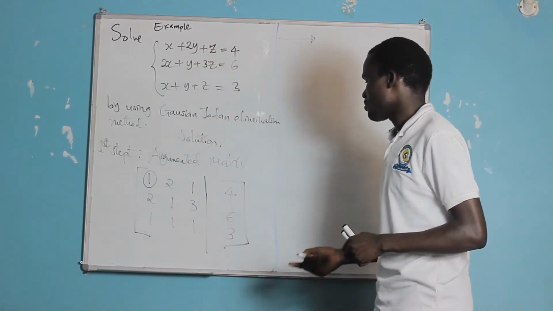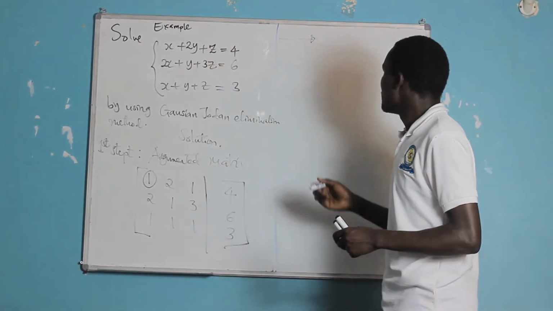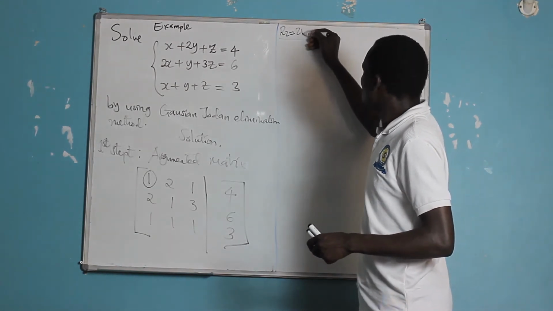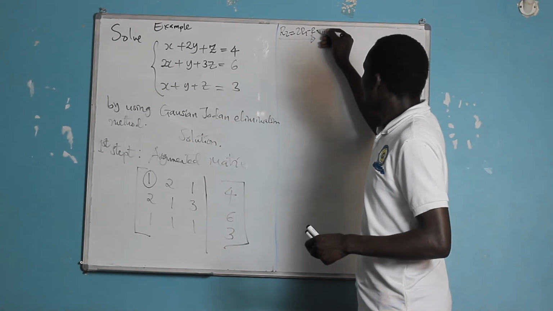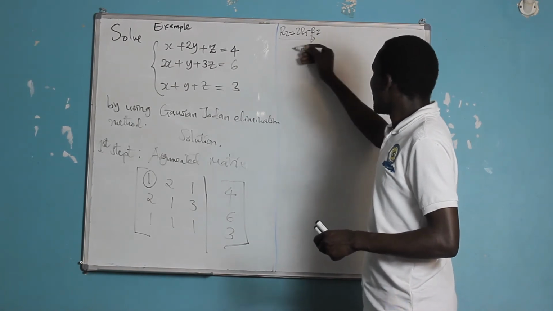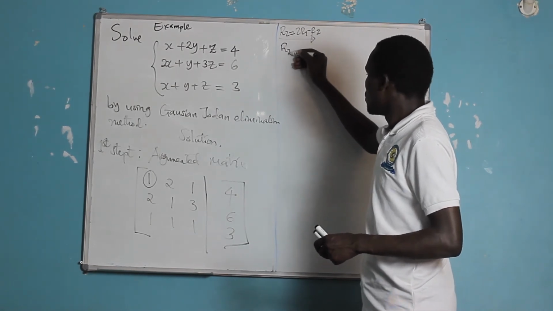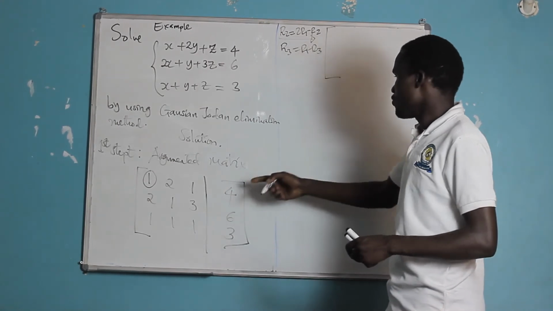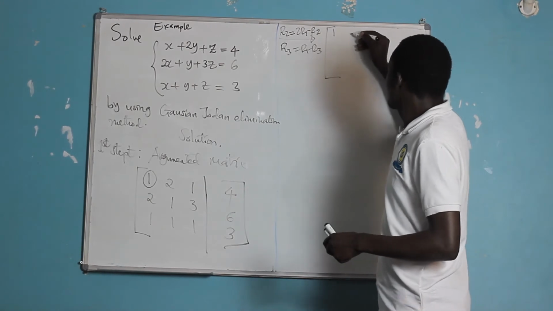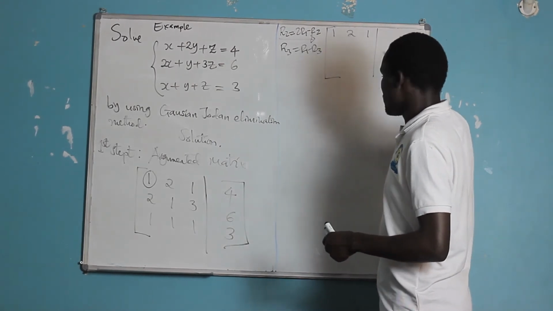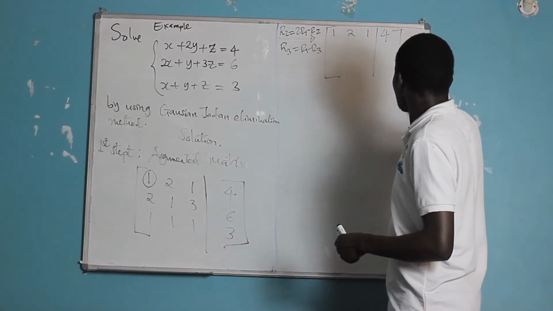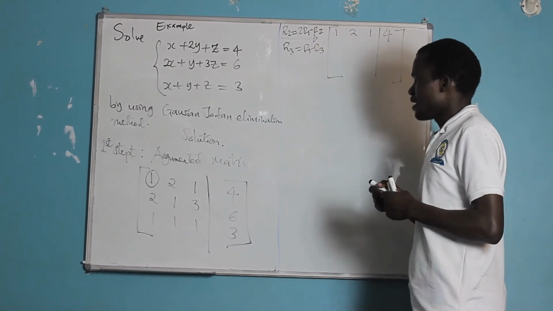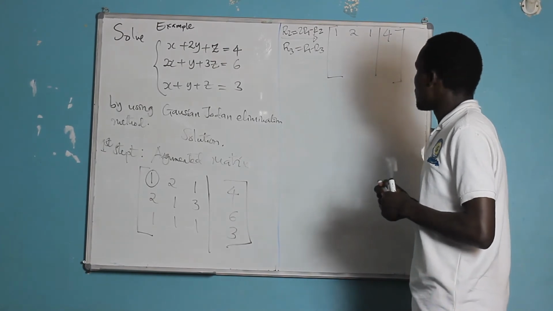Taking this as a pivot, because it already starts with 1, we just take it. The second row will be 2R1 minus R2, and the third row will be just R1 minus R3. The first row remains as it is, so the change appears in row 2 and row 3.